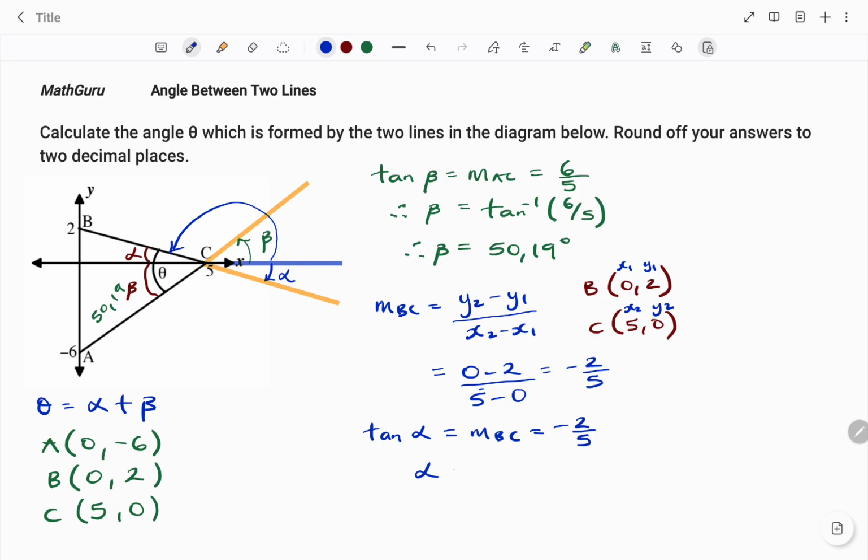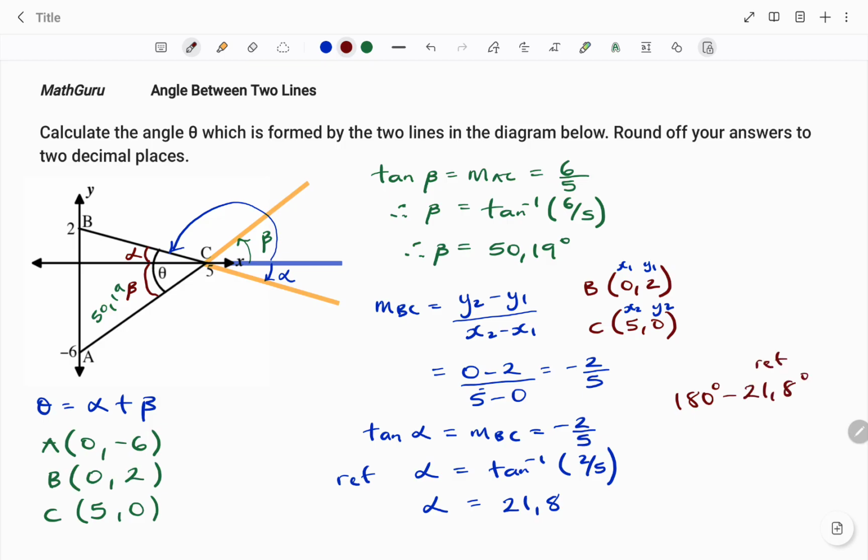Therefore, alpha, or I call that my reference angle, equals the arctan of 2 over 5. I'm going to ignore my negative sign. Therefore, my alpha, which is also my reference angle in this case, will be 21.8 degrees. Note that if I was to calculate the angle of inclination of MBC, that's the obtuse angle, then I need to say angles on a straight line add up to 180, so that will be 180 minus 21.8.